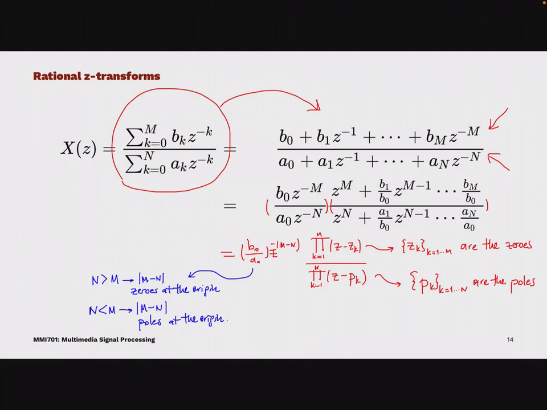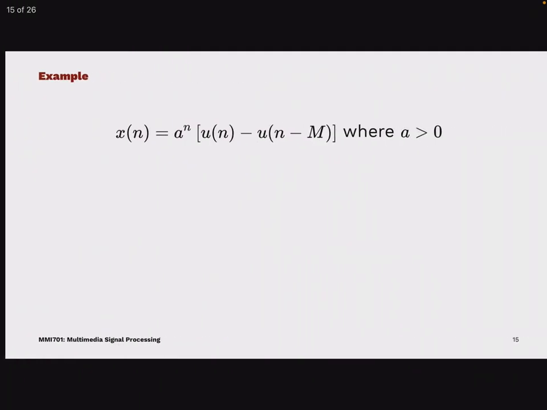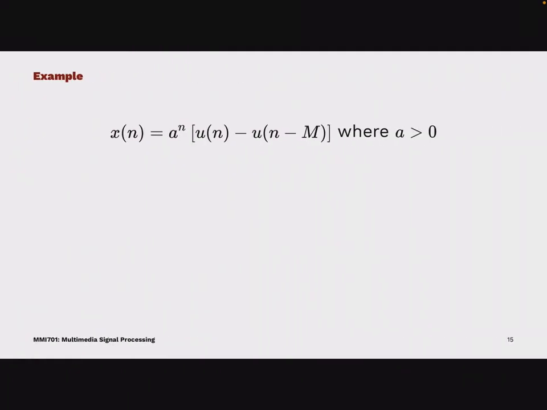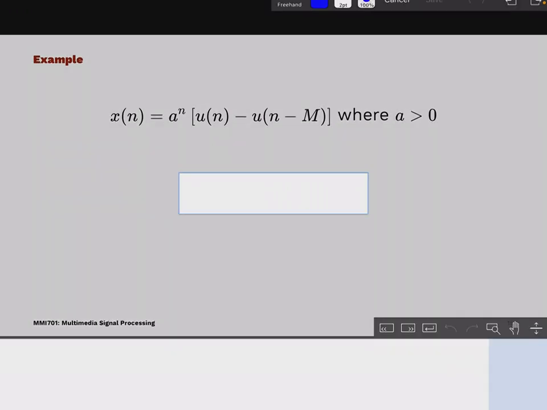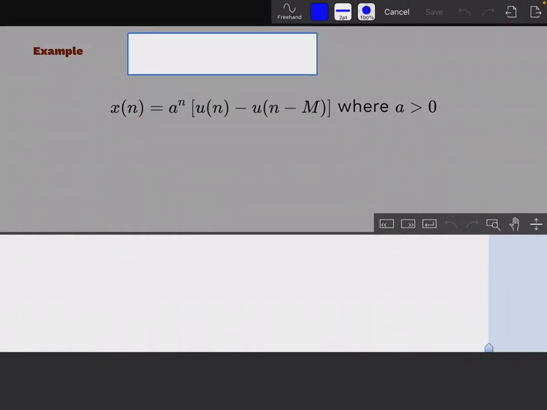Let's see two examples about this. The first example, we have a signal which looks like an exponential signal, a to the power n, but it has a finite time support. Only m values of our signal is non-zero. How do I see this? We have two step signals, right? The first step signal u of n, so let's try to see how it works.